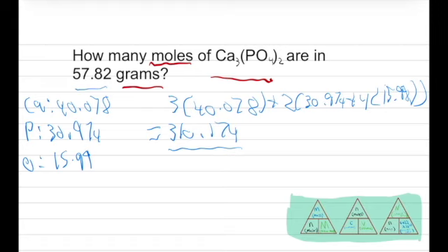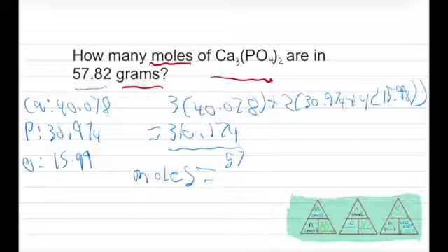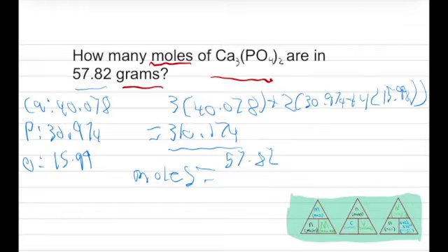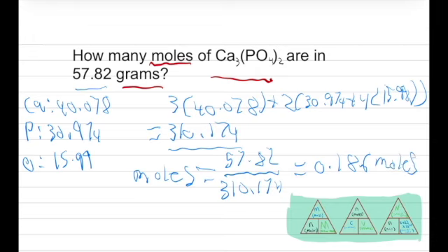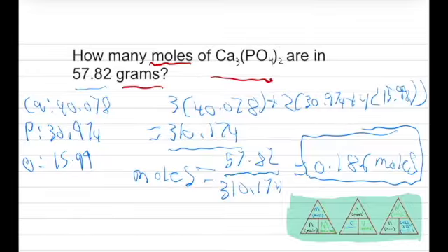Mass is on top, meaning to find moles, we put mass on top, so 57.82 divided by 310.174, and that equals 0.186 moles. And there is your final answer. And we used this formula out of the three.